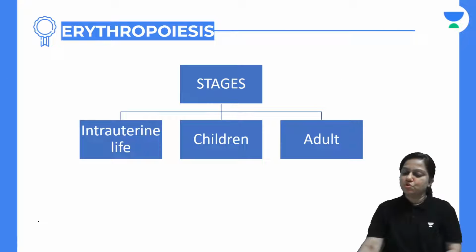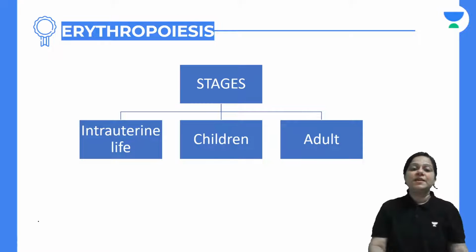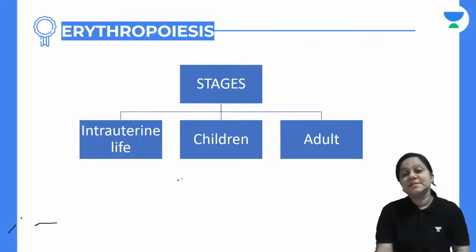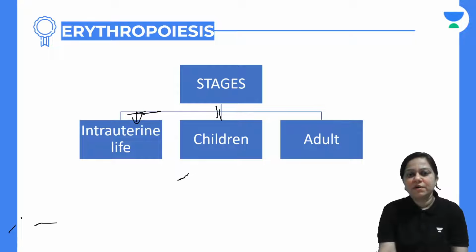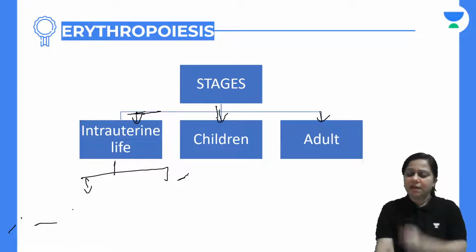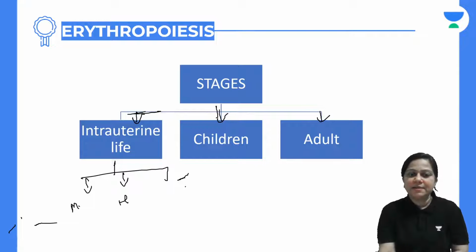If we want to compile it, there are three stages of erythropoiesis at different stages of life: one during the intrauterine life, another during the childhood period, and later in the adult phase. In intrauterine life, again there are three stages: mesoblastic stage, hepatic stage, and myeloid stage.